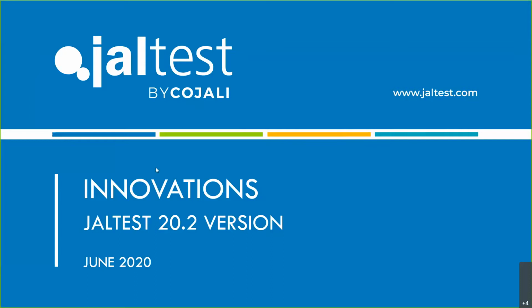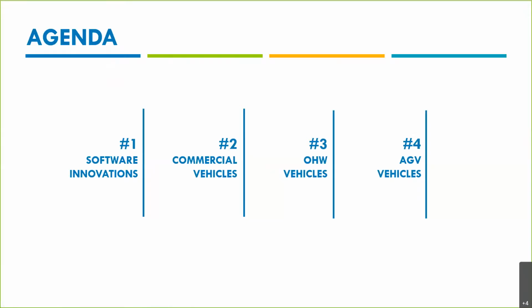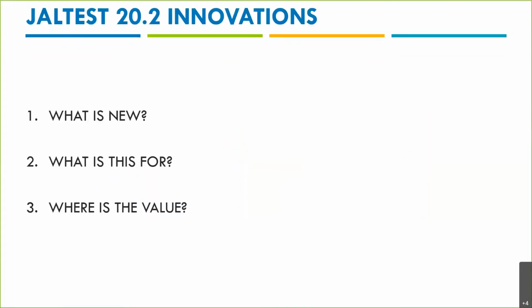This one is going to be our agenda for today. First of all, we will focus on the main general innovations regarding the software, like for instance, new features, functions, and so on. And after that, we will take a look at the most interesting things added in the different Jaltest models: commercial vehicles, off-highway vehicles, and finally, agricultural vehicles and equipment.